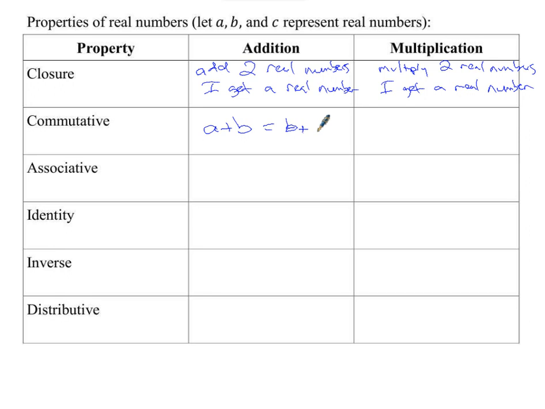B plus A. And now the commutative property for multiplication would be what? A times B equals B times A. You can reverse the order of addition and multiplication. The associative property is the one with parentheses. Anybody remember that one?